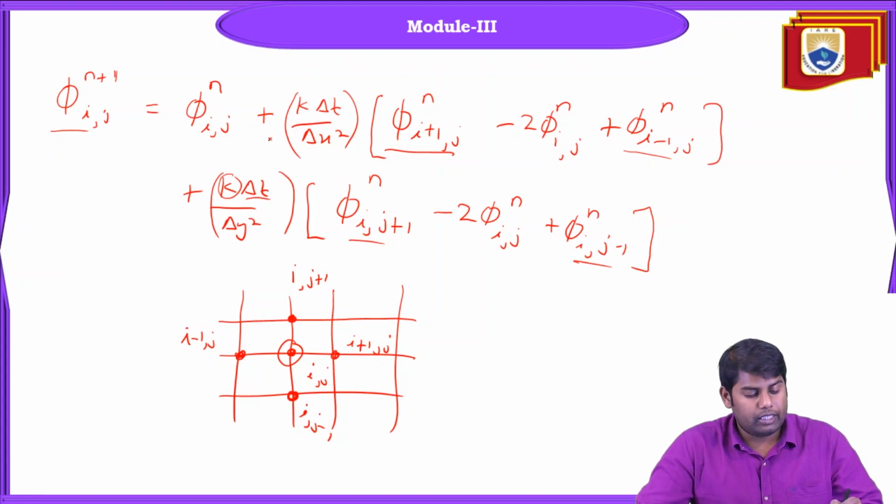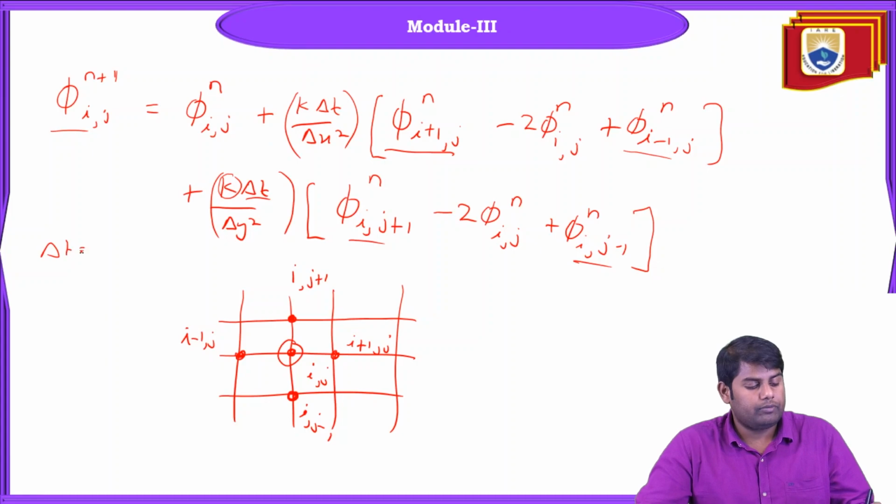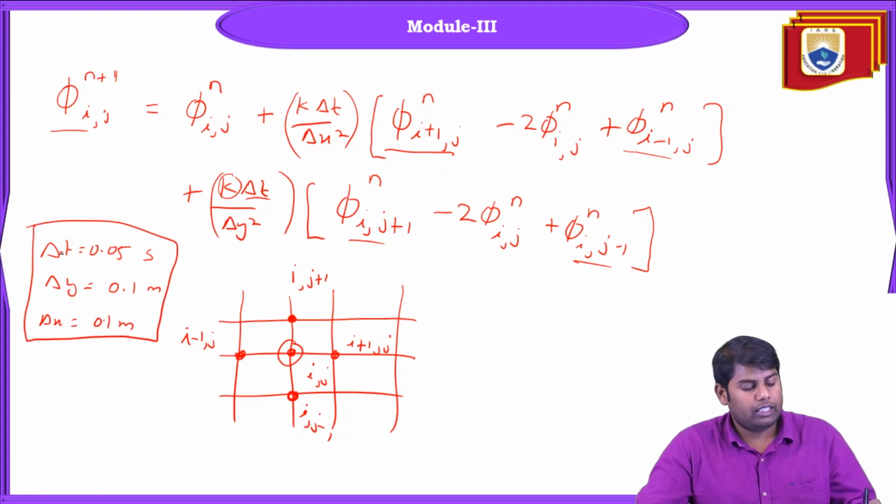Let us take delta t as 0.05 seconds, delta y as 0.1 meters, and delta x as 0.1 meters, and k equal to 1.